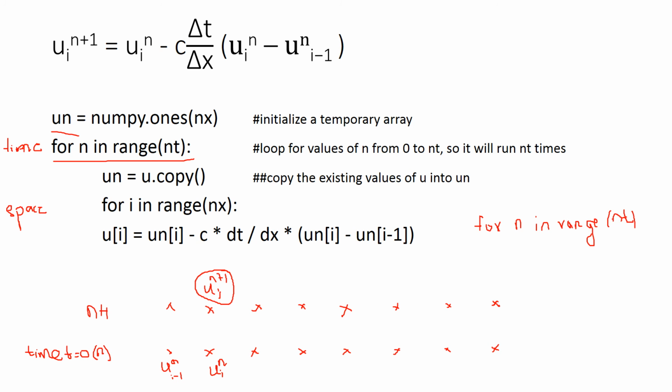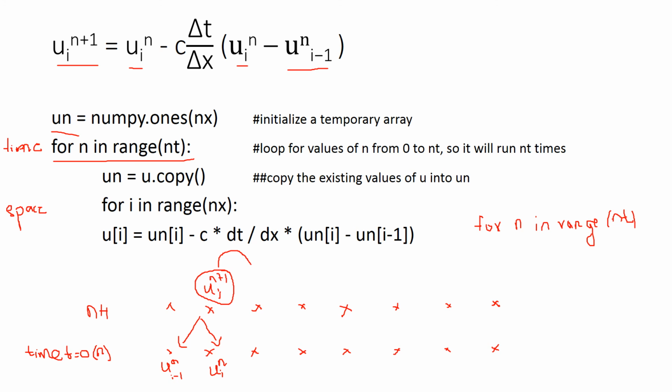So we are calculating in the next time step, that is this value, and this will take the value of these two points which are already known in the initial condition. So u i n is known, and u i minus 1 n is also known. So it will calculate u i n plus 1.